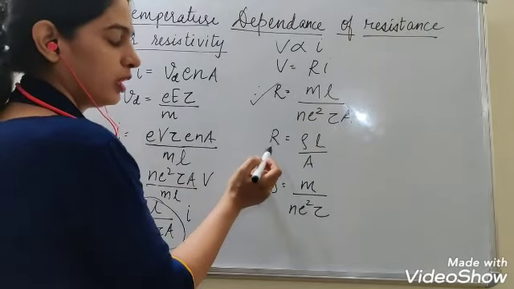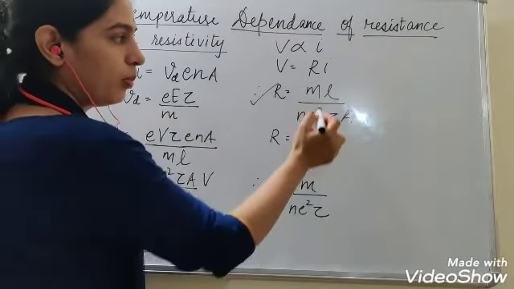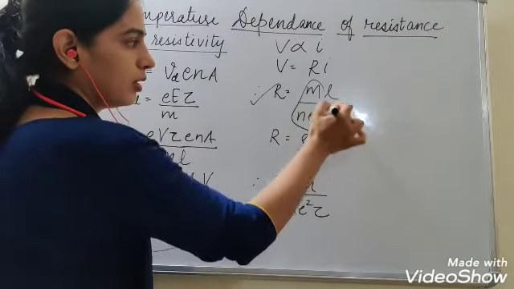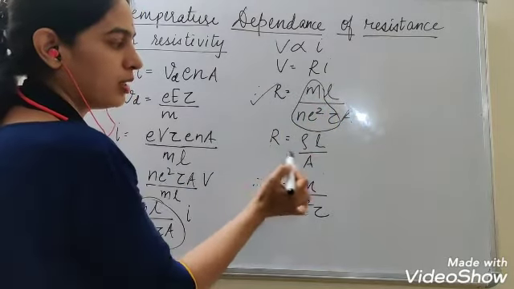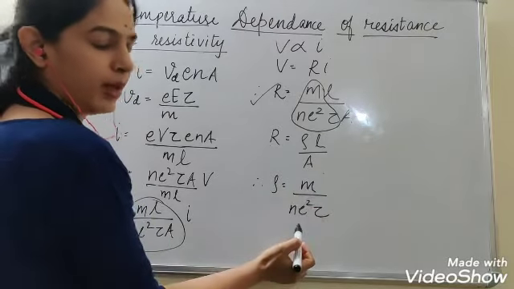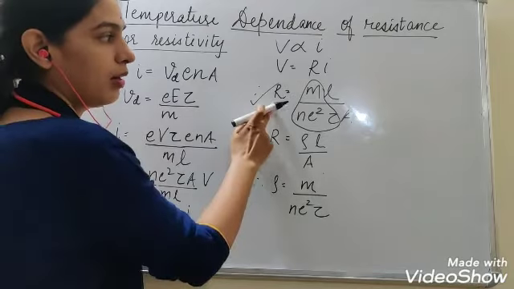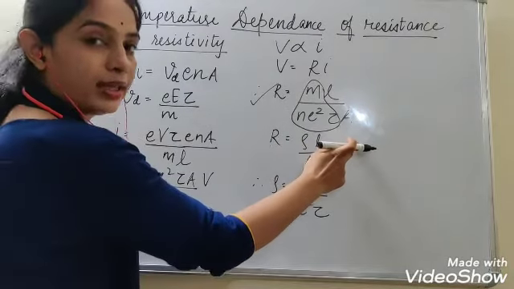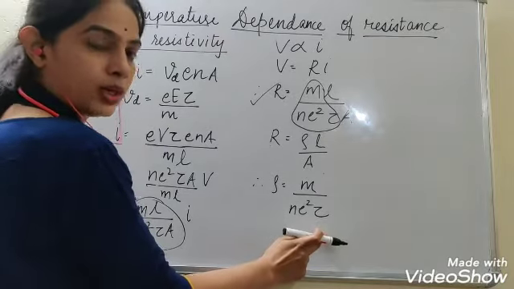We also know the relationship R = ρL/A. Comparing, ρ = m/(ne²τ). So we have these two very important relationships: R = mL/(ne²τA) and ρ = m/(ne²τ).